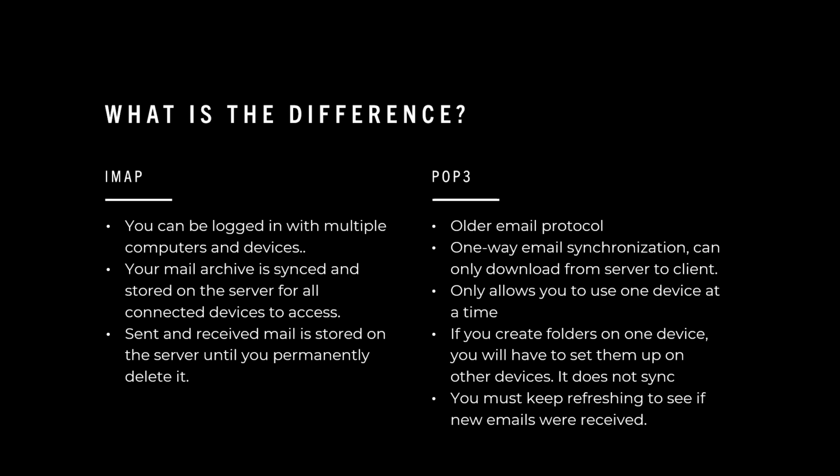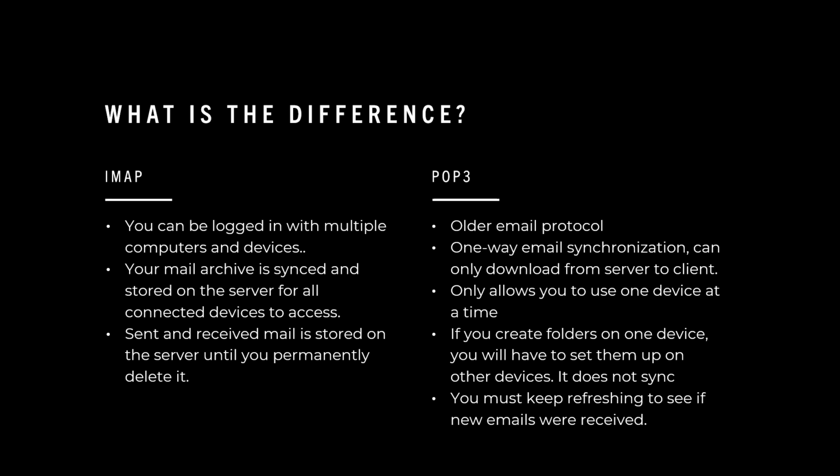With IMAP, you can be logged in with multiple computers and devices. Your mail archive is synced and stored on the server for all connected devices to access. Sent and received mail is stored on the server until you permanently delete it.